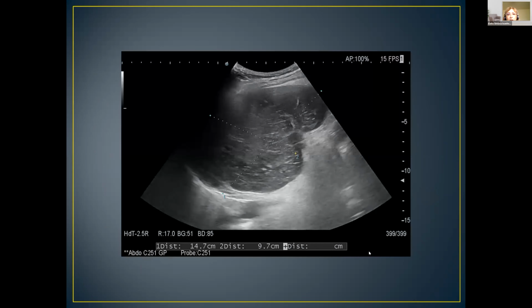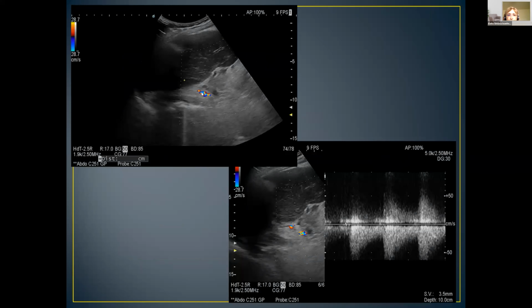So what did we find on B-mode ultrasound? An intensely inhomogeneous spleen. On Doppler, we can see some vessels with arterial signal.